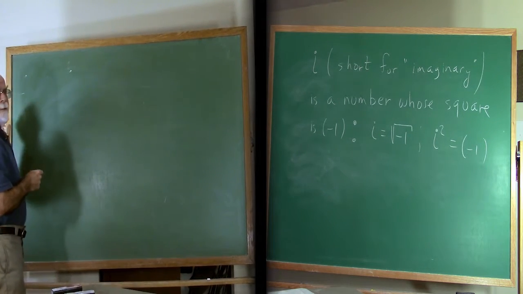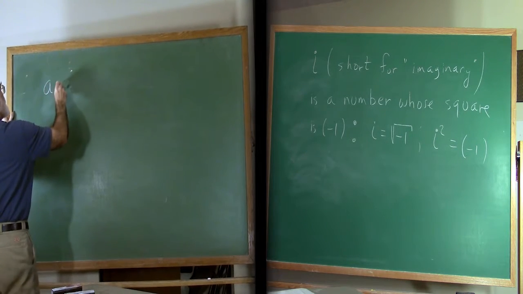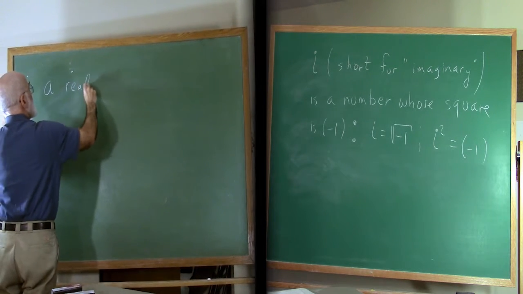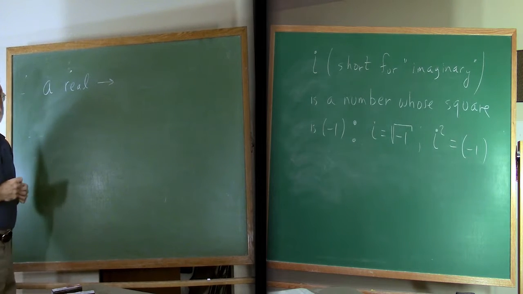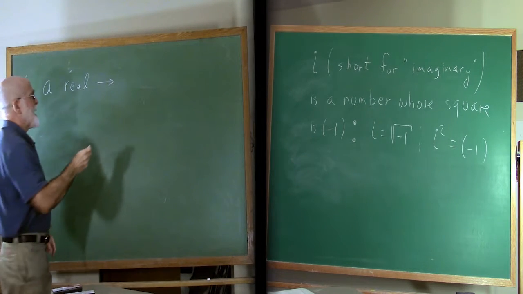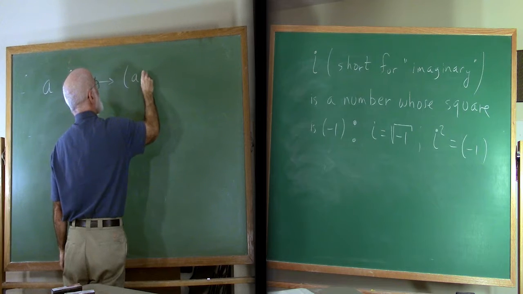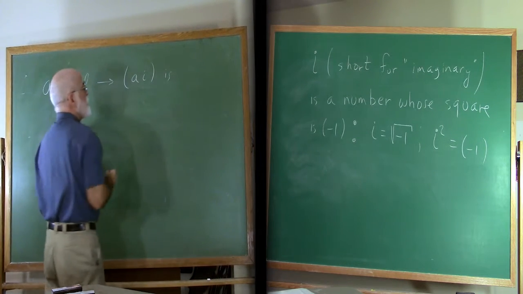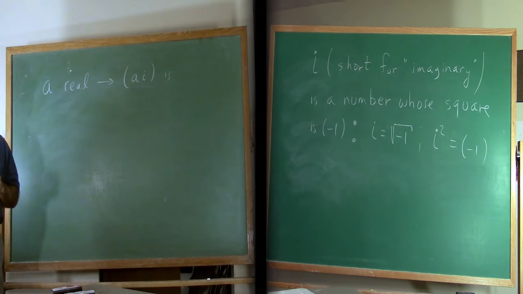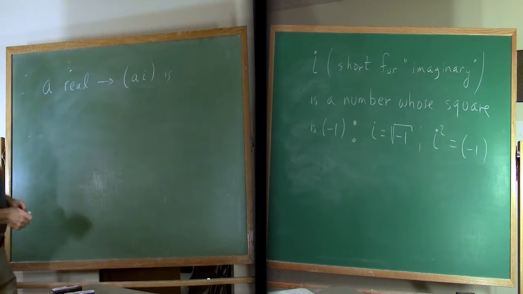Say you have a real number A. A times I, anything of that form, will be what we call an imaginary number.